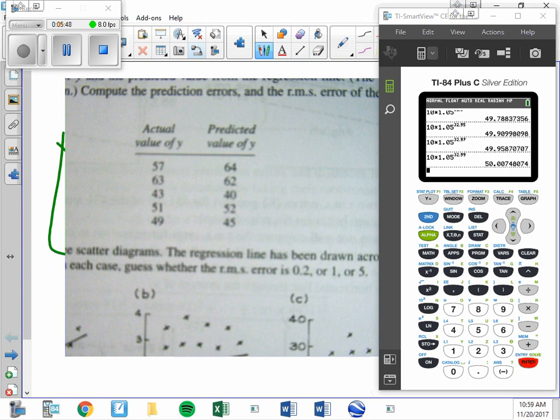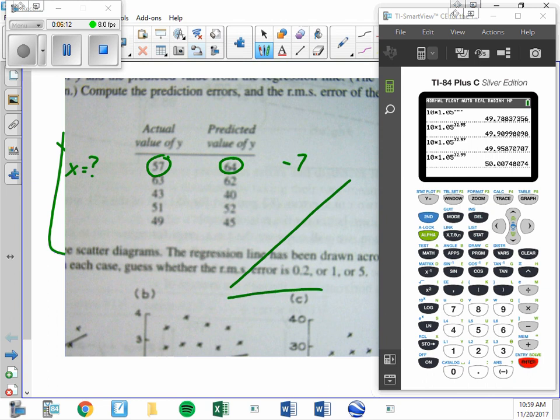So we don't know what the x is, but with this particular x, we would expect 64, and the actual value is 57. So what is the error? -7. Right? The line, whether it's going up or down, we don't know.